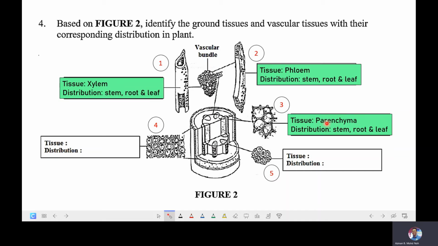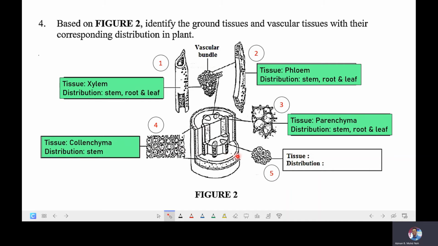The parenchyma tissue can also be found not only in the stem but also in the roots and also the leaf. And just below the epidermal layer, the outermost layer, you will find this tissue number 4, which is actually the collenchyma tissue. Normally it will be at the stem area.